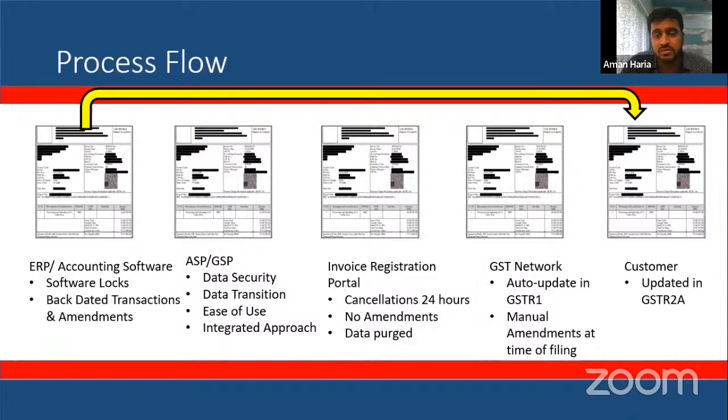Hence, in all of this process, it is of great importance to ensure that the invoice generated with IRN is final and has been discussed with the customer. There should be no amendments subsequently, because all of this will create a lot of mismatch or a lot of issues of reconciliation.